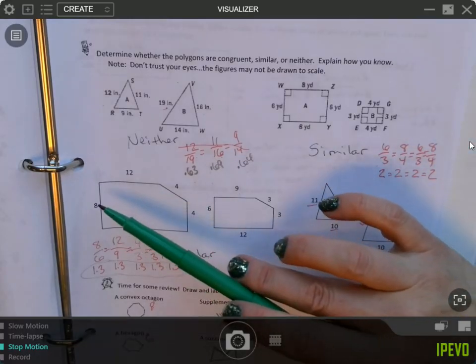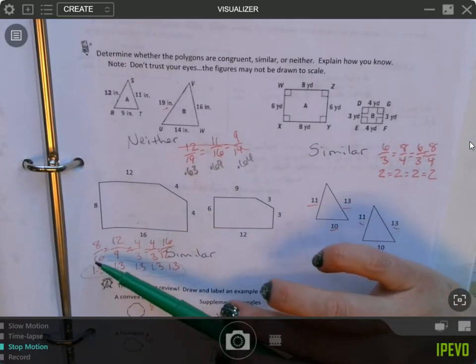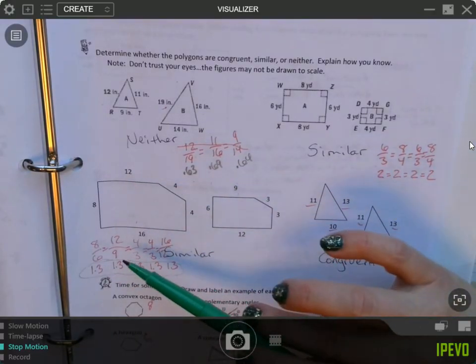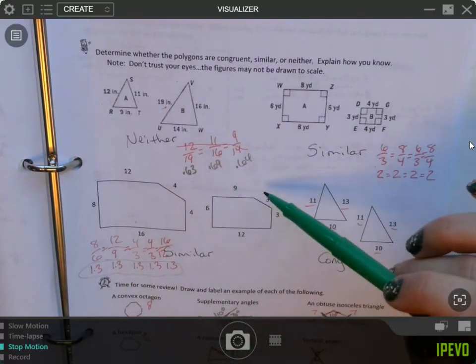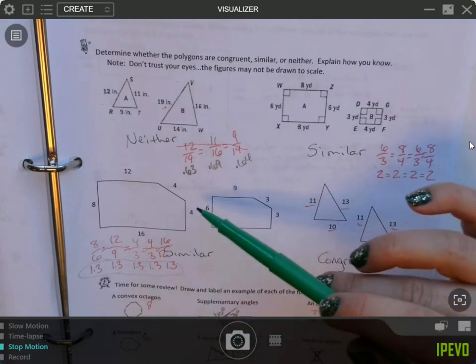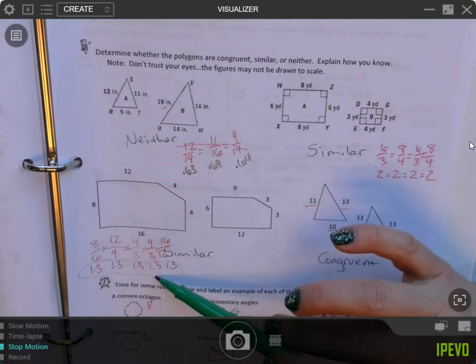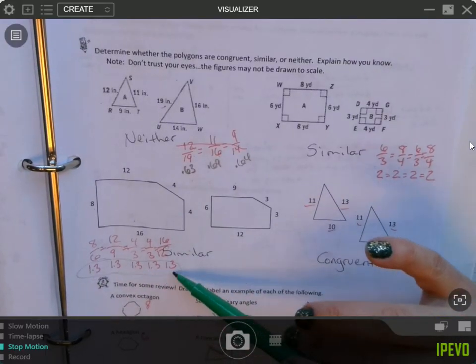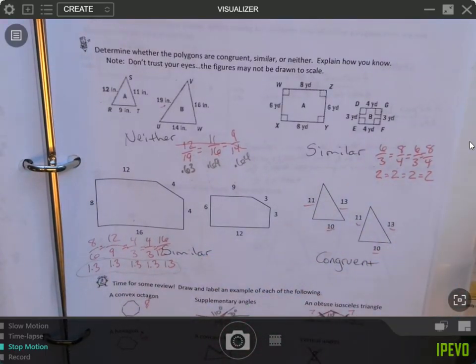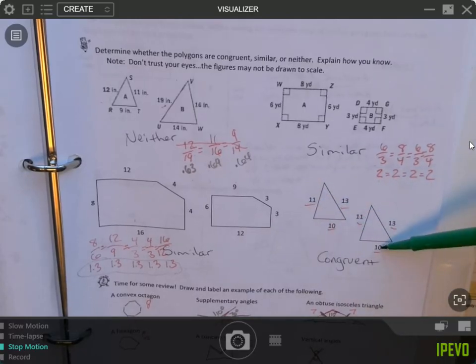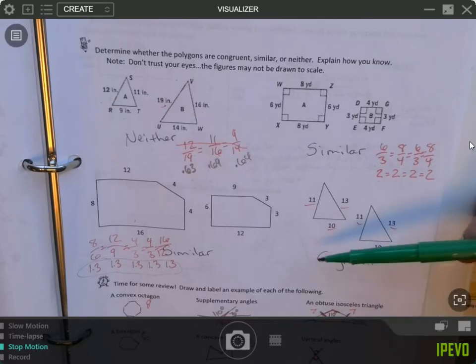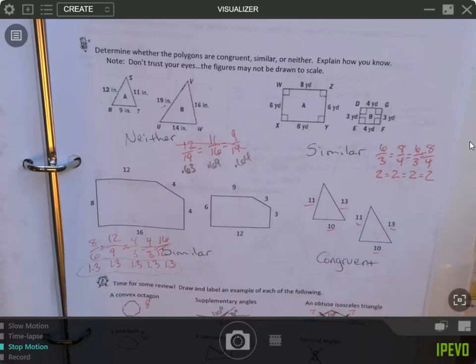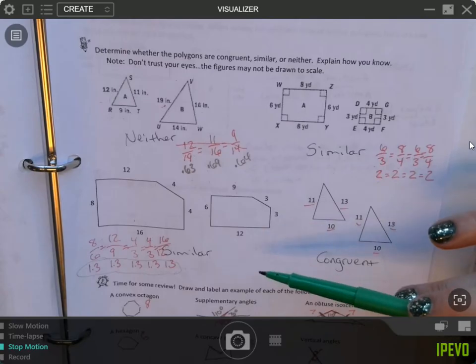For this one, 8 divided by 6 was 1.3. 12 divided by 9 is 1.3. 4 divided by 3 is 1.3. 16 divided by 12 is 1.3. They are all 1.3, so they are similar. Over here, we have 11 to 11, 13 to 13, 10 to 10. They are identical, so it is congruent. Any questions on these ones?